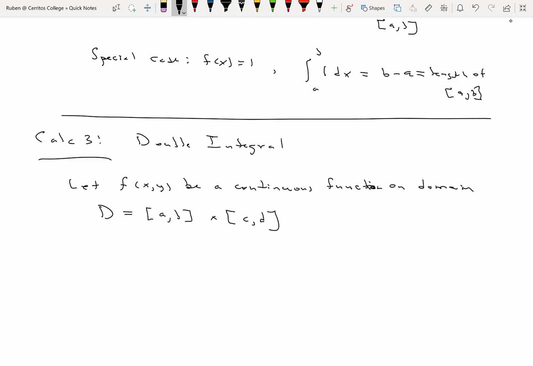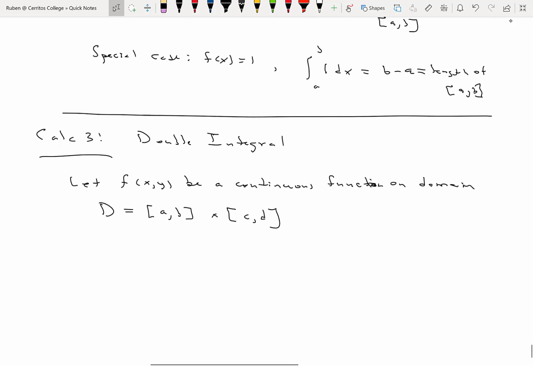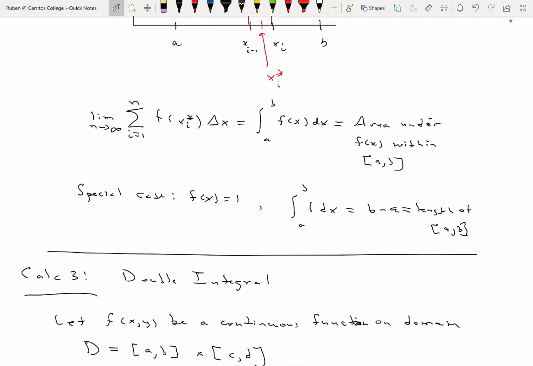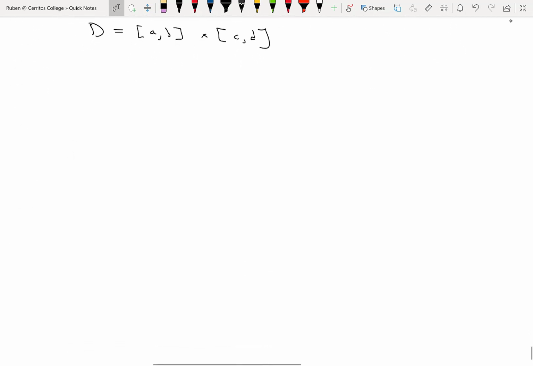Okay. Now to define the double integral, if you'll recall, I drew the function and the domain D in the xy plane. I drew it in 3 space. But really, to define the integral, we only need to look at the domain. If we go back to the definition of the integral from Calc 1, we really didn't need to look at the function. All we needed to look at really was the interval from a to b. So that's the case here as well.